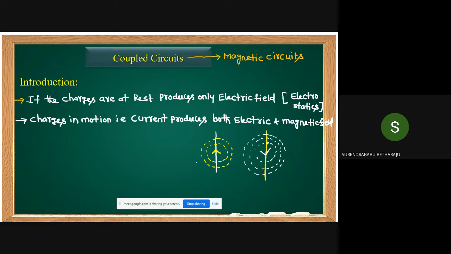Then how to find the direction of this flux? The direction of flux is determined by using the right hand thumb rule or screw rule. Is it correct or not? Yes, sir.